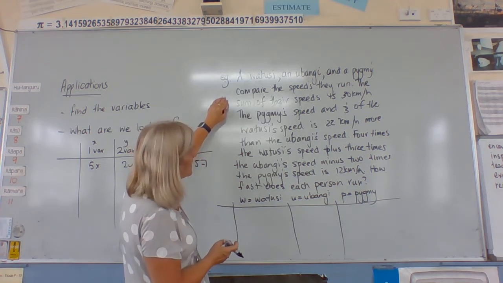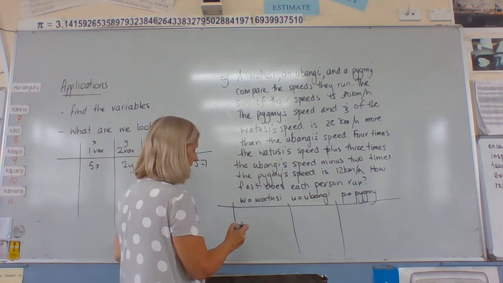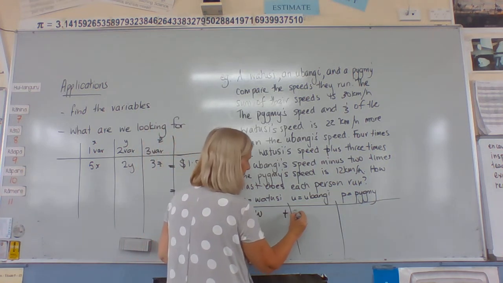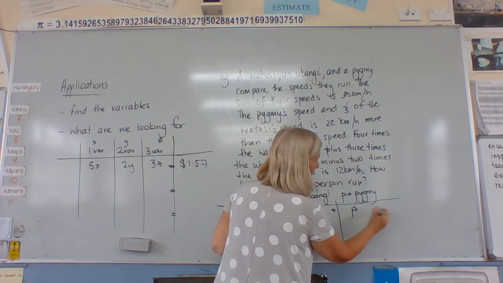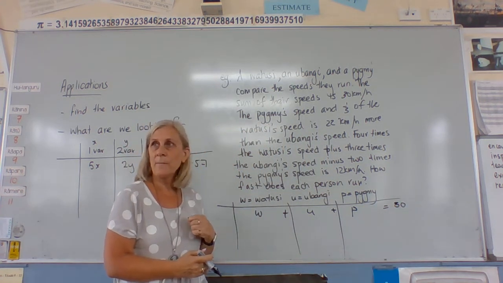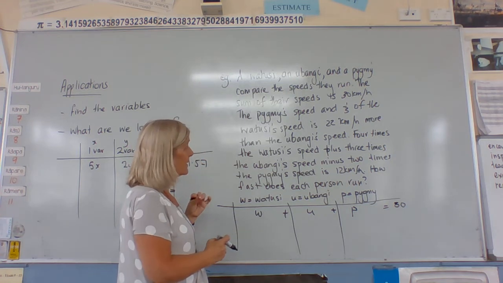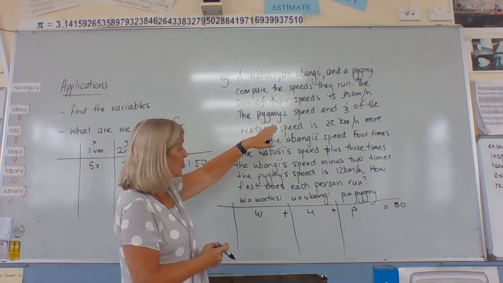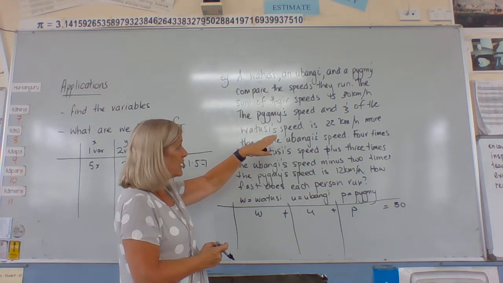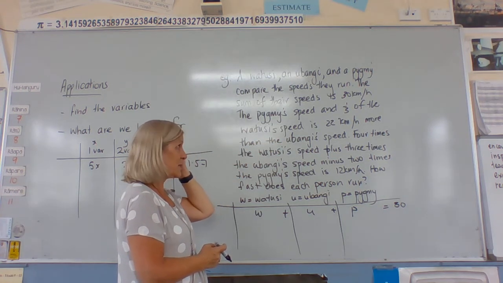Our first one says the sum of each is 30 kilometres an hour. So W plus U plus P equals 30. That's our first equation. All right? Our second equation requires us to think a little bit about what it's saying. The Pygmy speed and a third of the Watusi speed is 22 kilometres more than the Ubangi speed.